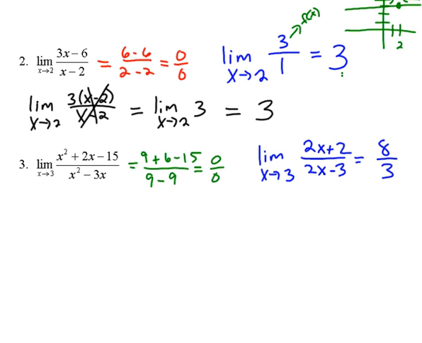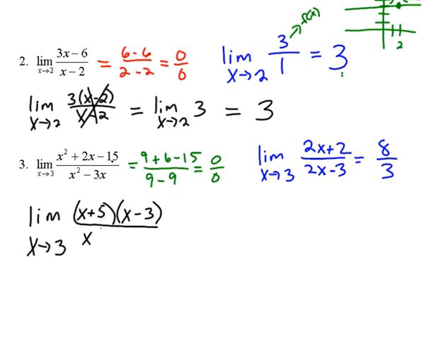Or you can go back to the idea of factoring. So I need to factor that quadratic, so I'm looking for two numbers that multiply together to give me negative 15 and add together to give me positive 2, so that's positive 5 and minus 3. And then I can factor out what they have in common here.